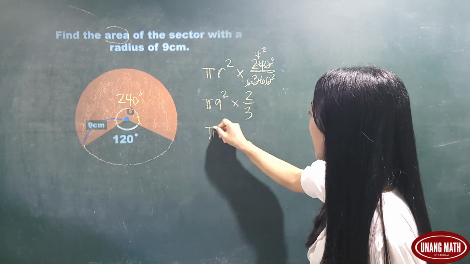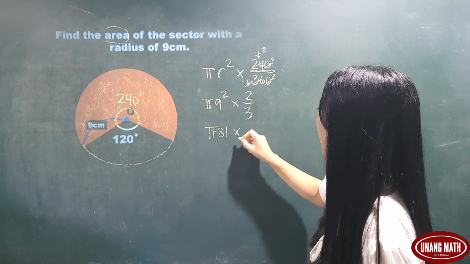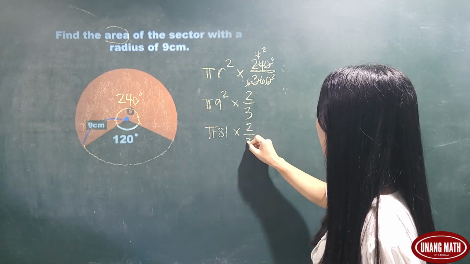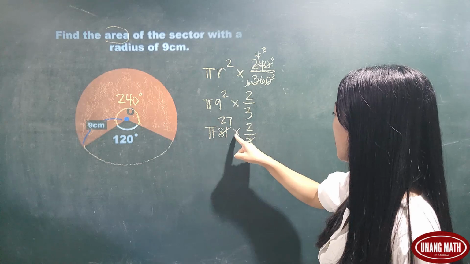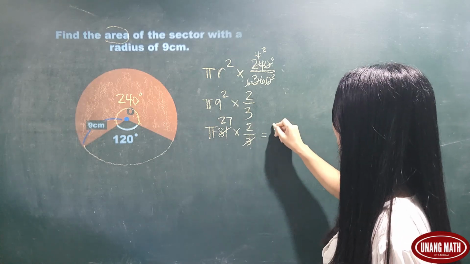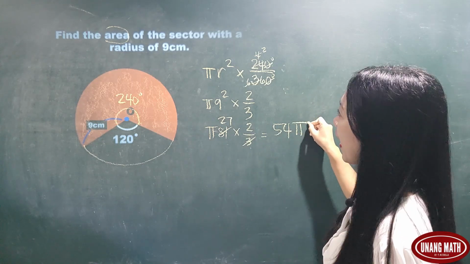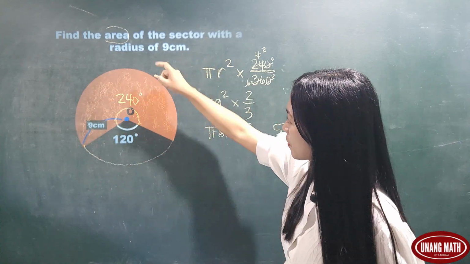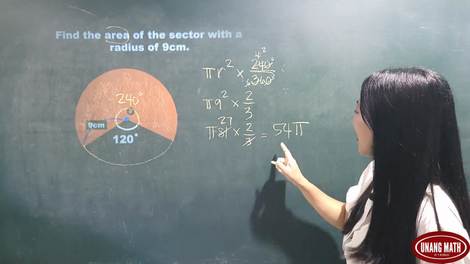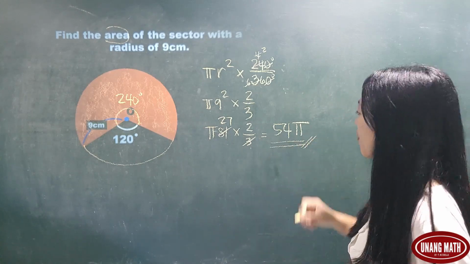So pi, 81, times 2 over 3. Simplify, this is 27. So 27 times 2 is 54. So 54 pi. So the area of this sector that has a radius of 9 centimeters is equal to 54 pi.